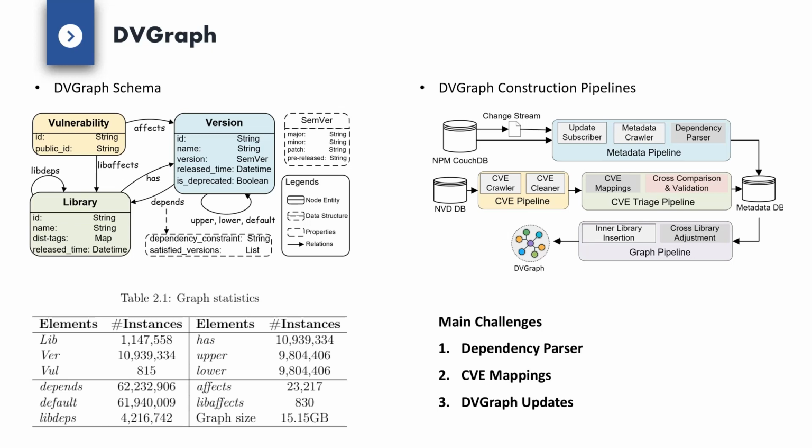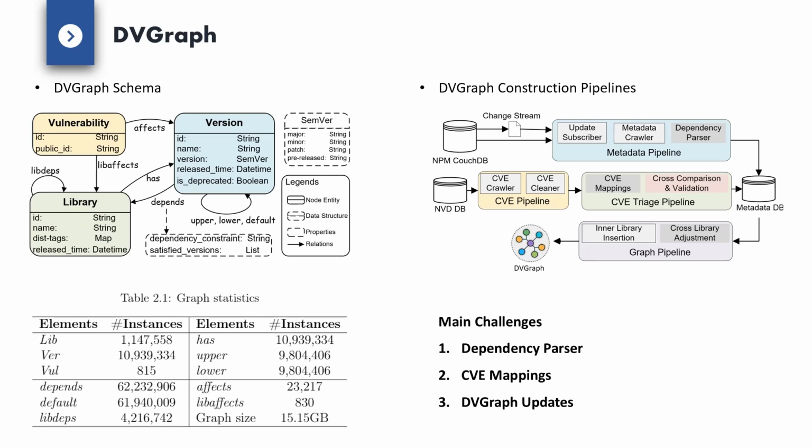As for vulnerabilities, the effects relations present the existence of vulnerability in the connected versions, and libEffects presents there is at least one version of a library affected by the vulnerability. Based on this, we have built a set of data pipelines to construct and maintain the DV graph.